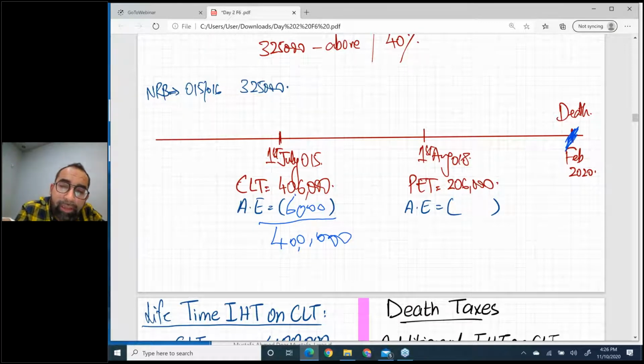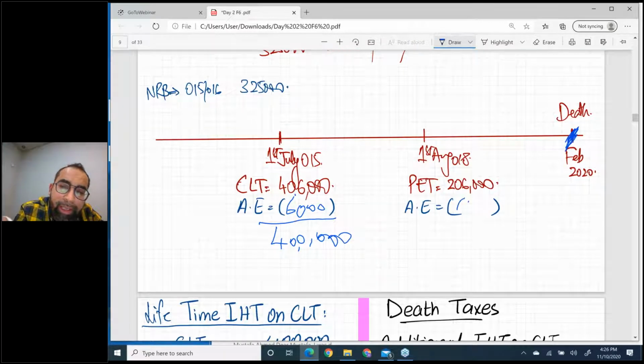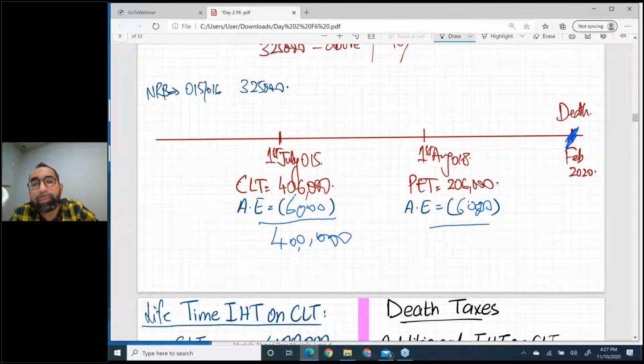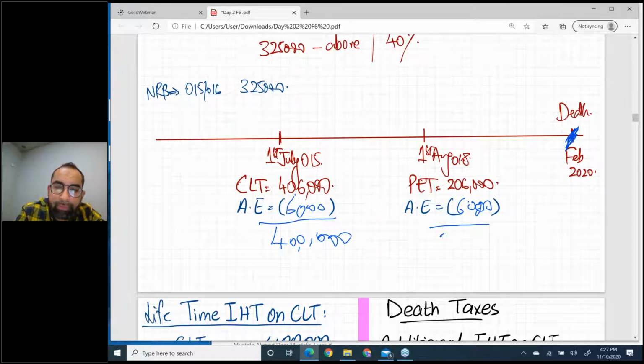So definitely you will have 6,000 annual exemption, and when you deduct 6,000 from 206,000, you will have 200,000. So finally we just deducted the annual exemption from the two gifts.